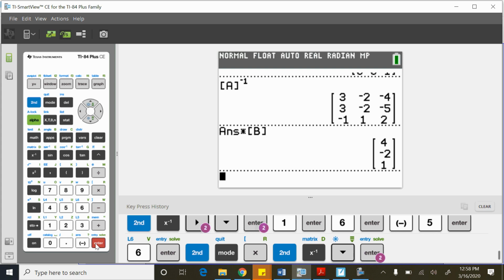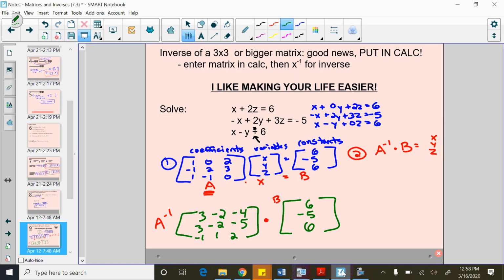So without using any real algebra whatsoever, no solving like you had to do with a 3x3 matrix and doing all that work to solve for X, Y, Z, your calculator automatically did that for you now. And you were able to find out that your X was equal to 4, your Y was equal to -2, and your Z was equal to 1.